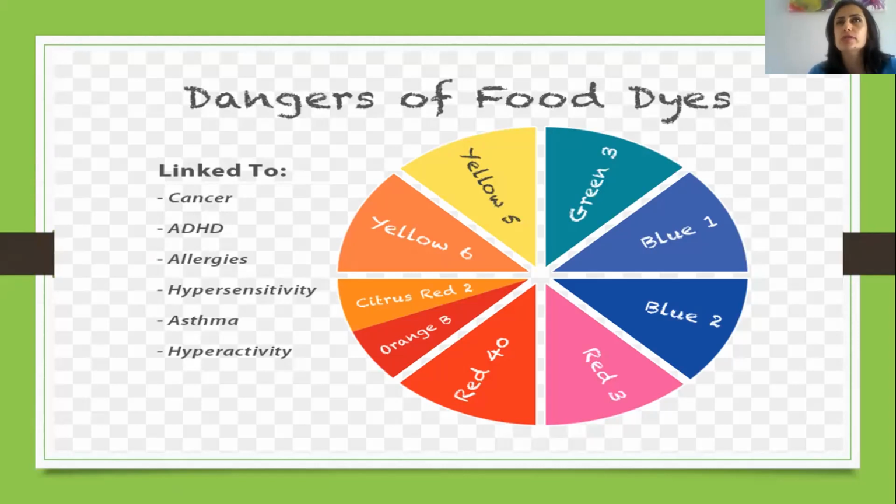It is important to know that we have the FDA, the Food and Drug Administration, which needs to give a go-ahead to a product in order for it to be used in the food industry. They do short-term and long-term studies on that specific ingredient to tell you if it's safe to be used in your food or not.